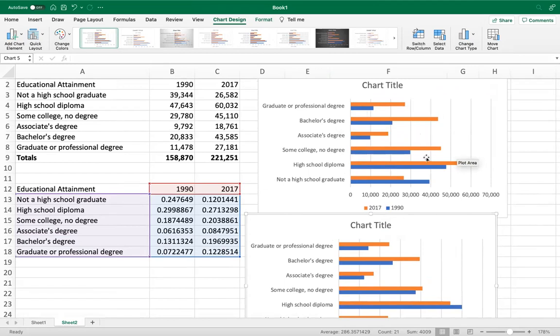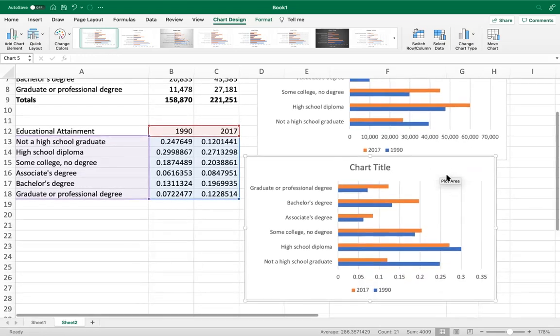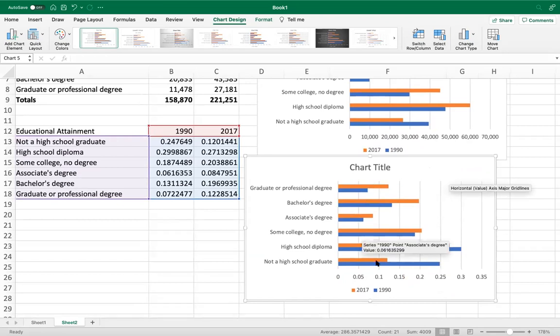So here we're looking at just the amount of people that are now a little bit more educated than they were back then, but it doesn't really have that great of an impact. There are more people that are educated, but there's also the fact that there are more people here. The population is greater now than it was back in 1990.